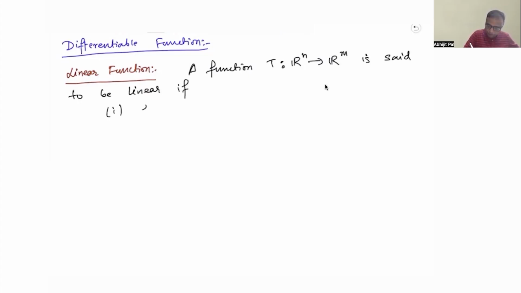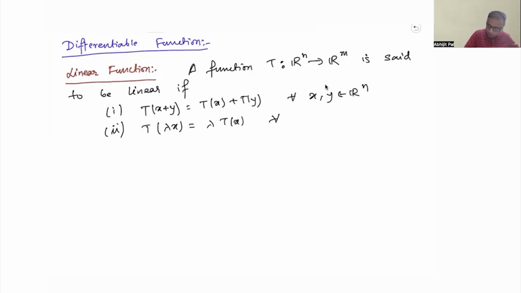One, T of x plus y is equal to Tx plus Ty for all x, y in R^n, and the second, T of lambda x is equal to lambda Tx for all x belonging to R^n and for all lambda belonging to R.